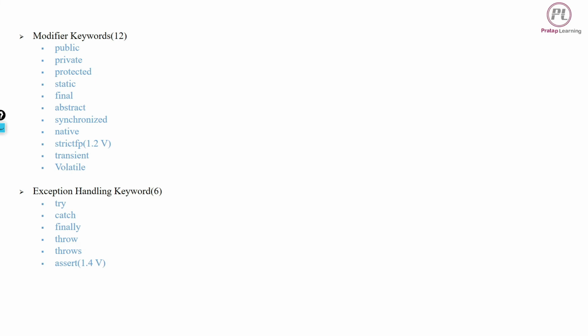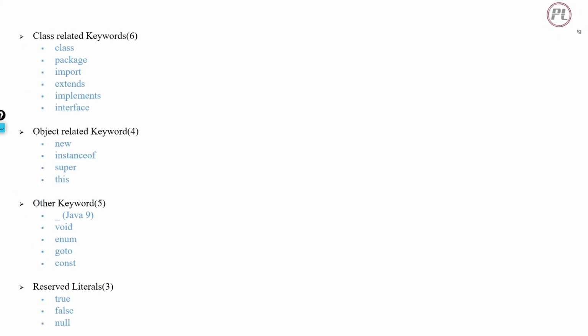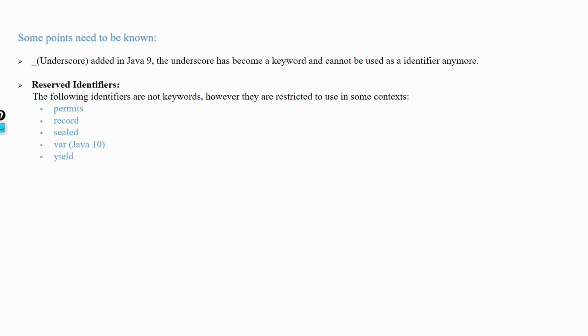Next is exception handling keywords, which we use to handle exceptions in Java code. Next are class related keywords and object related keywords, other keywords, and some defined reserved literals like true, false and null.